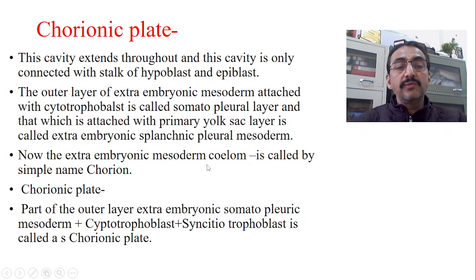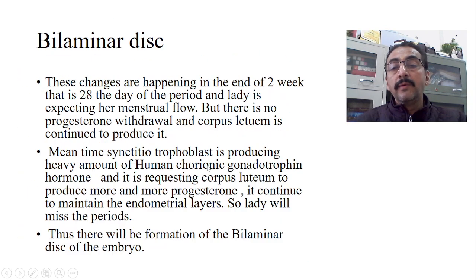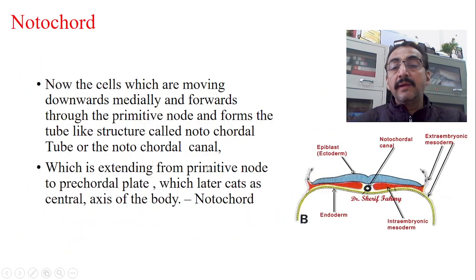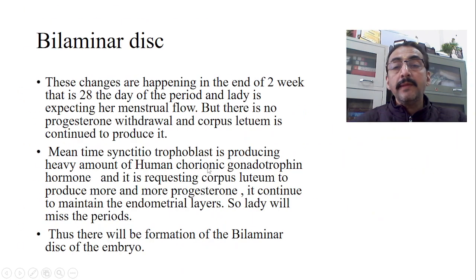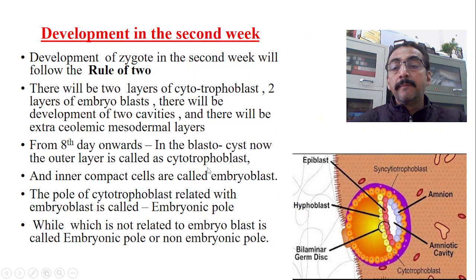So I can show some of the pictures so that things will be clear. If you look into this particular picture, see, this is the layer of the hypoblast, and this is the layer of epiblast.